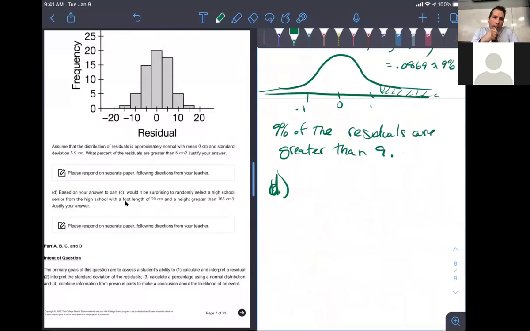Let's just push on this a little bit. We already did some of these calculations, right?